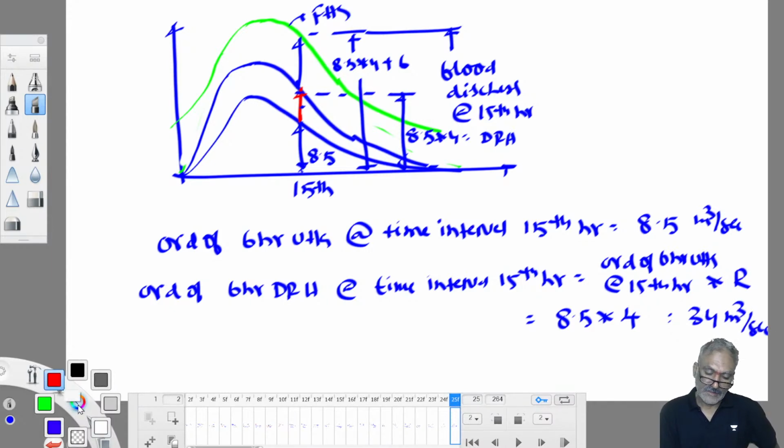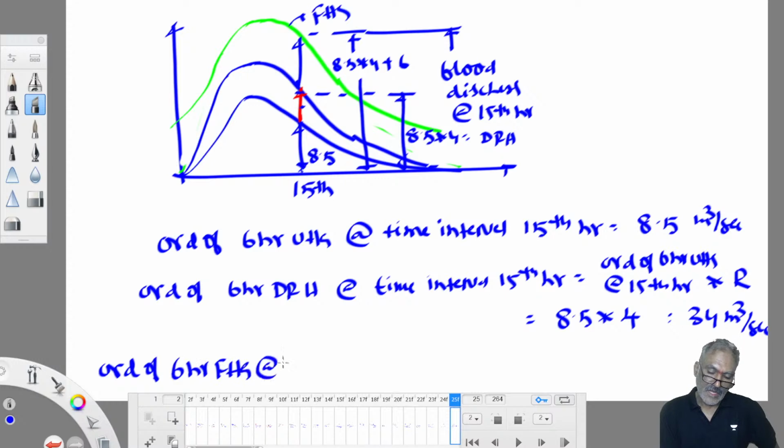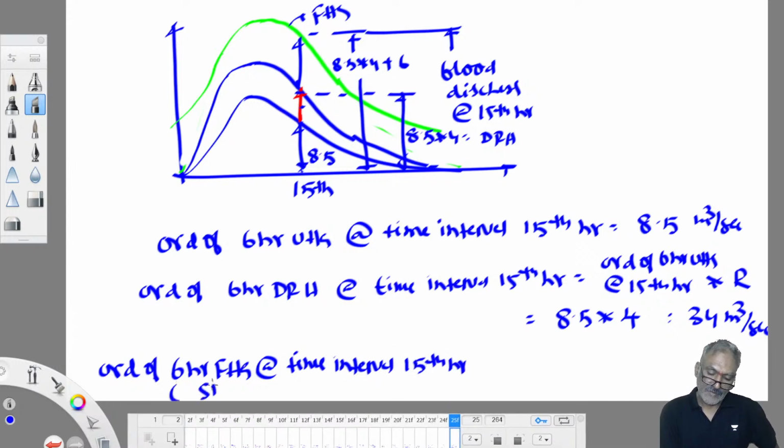But he is not asking that. What is he asking? The ordinate of the 6 hour flood hydrograph at the 15th hour time interval, which is nothing but the stream discharge at the 15th hour time interval.